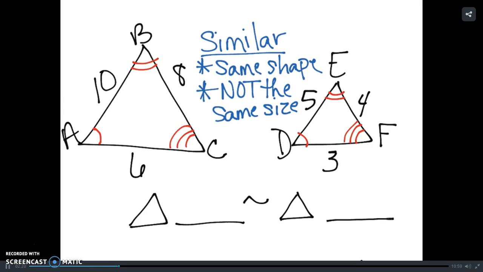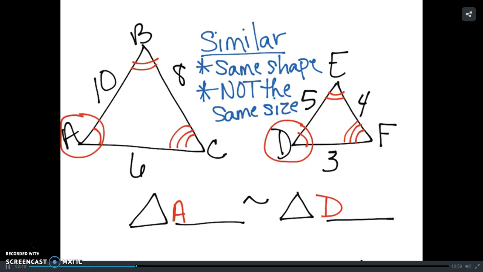The easiest way is to look at the corresponding angles. For example, here we have angle A and angle D, which are both marked with one tick mark. The interesting thing about similar shapes is that their angles will all match up with a corresponding angle. They will all be congruent to one angle on the other shape, or else they are not similar.